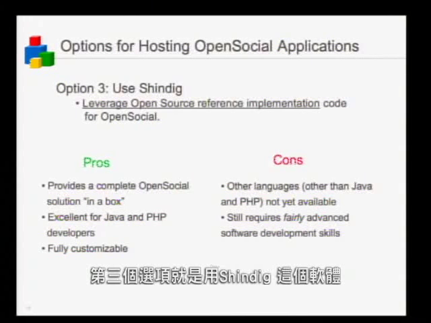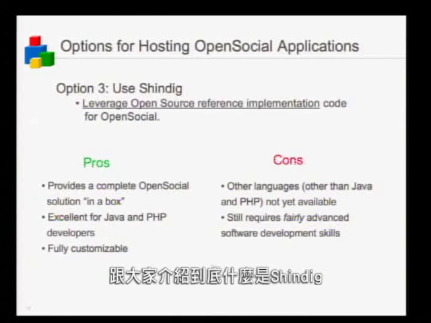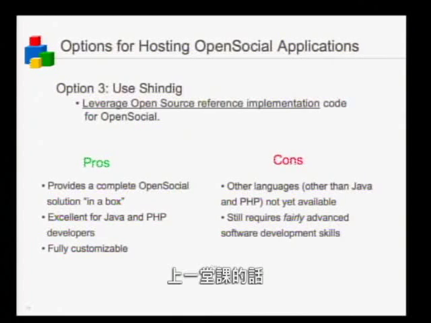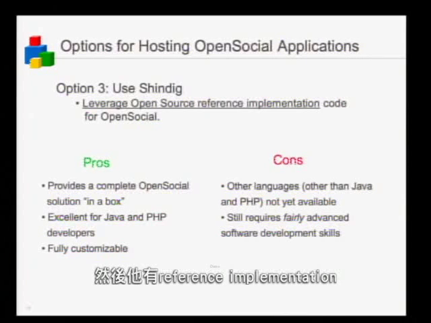And then option 3, you can use a technology known as Shindig. I'll be spending a fair amount of time discussing exactly what Shindig is. If you were here for my last talk, I went over the main things. It's server-side open source software that provides a reference implementation of code for OpenSocial.